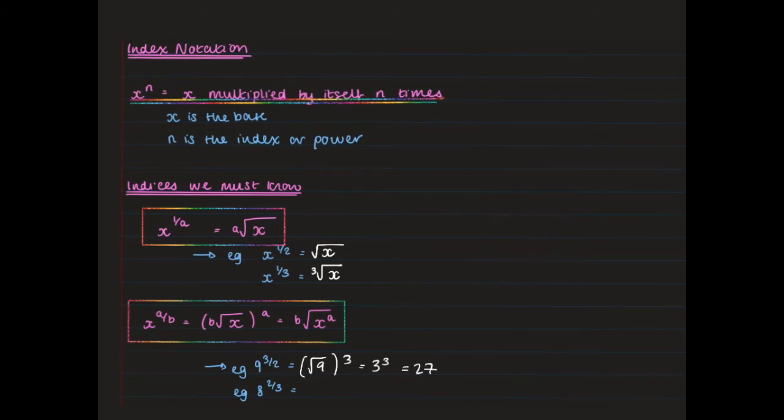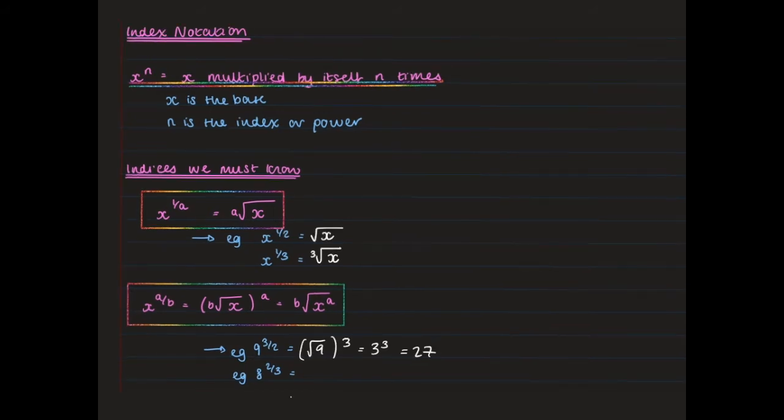If I look at my second example, I've got 8 to the power of 2 over 3. I know that 8 is a cube number, so I'm going to do my cube root part first. I know that the cube root of 8 is 2, squared, so my answer is 4. If I applied it the other way around, it would have been much more difficult for me. So I need to have a little think when I'm applying these kinds of indices.